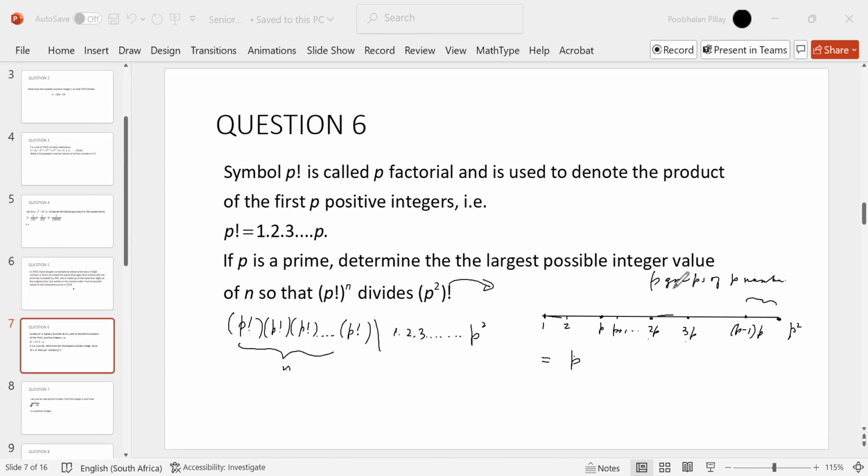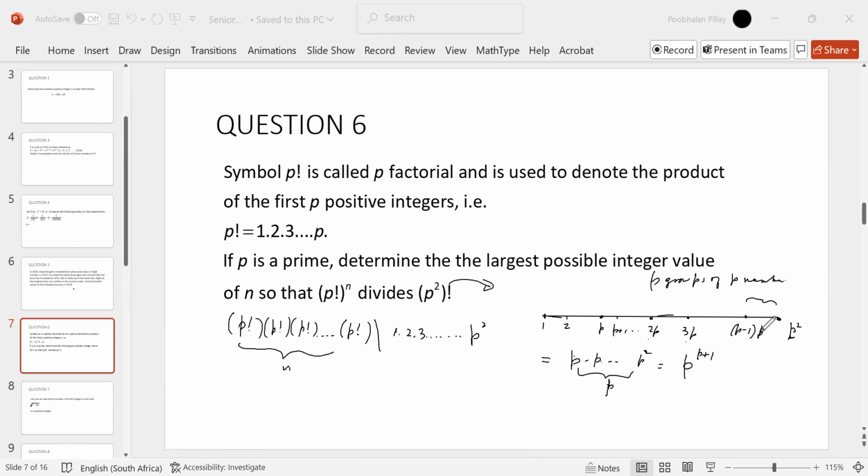And P occurs exactly once in each of those groups, except the last one. So you'll have P times P groups, but the last one has got a square in it. So it means now that this is P to the power of P plus 1, because the P squared is in this.